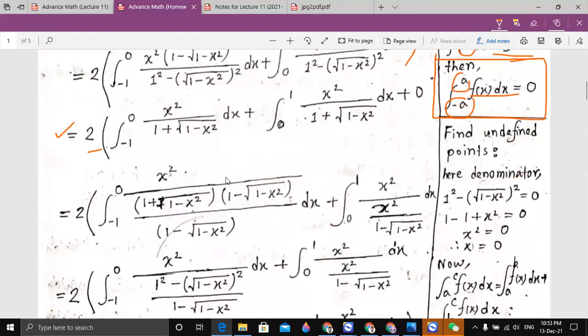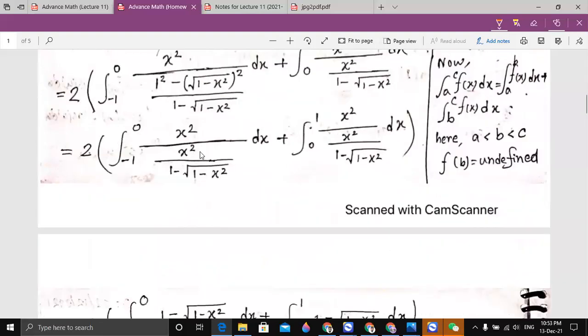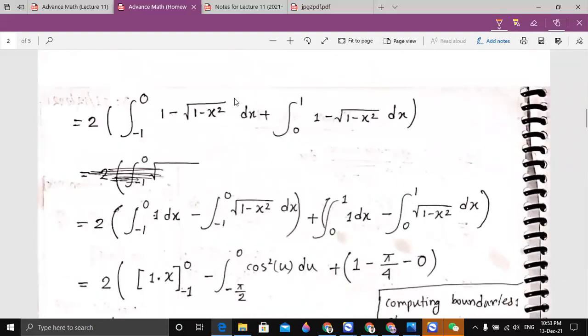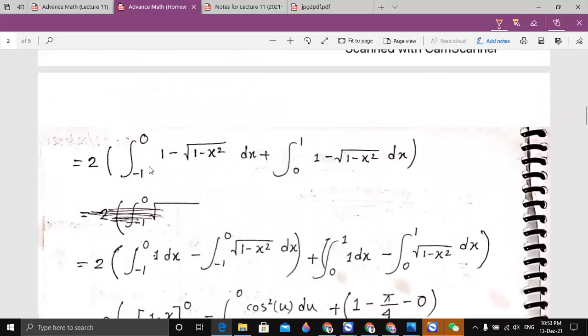So what can we do now? We have to change it. Our target is to make it simpler, okay? We have to make it in one line so that we can just find the integration of one, and also we can calculate the integral of root over a minus x square, okay?